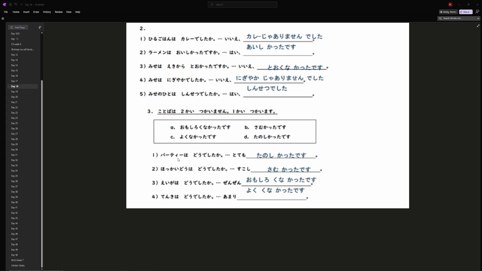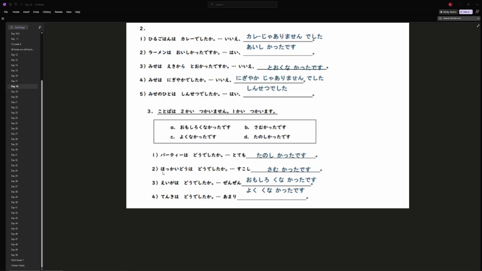So it's not like te, it's just t. And also not like chi. Specifically party. Party wa do deshita ka? Totemo tanoshikatta desu. How was the party? It was very fun. All right.